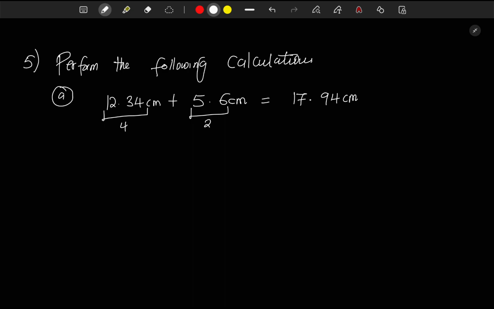This one has 1 decimal place, and this one has 2 decimal places. So we consider the one with the lowest number of decimal places. This one has got 1 decimal place, so the final answer must have 1 decimal place. So we round off to 17.9 centimeters. Are we there, okay?